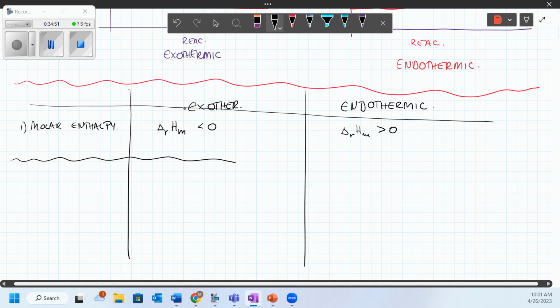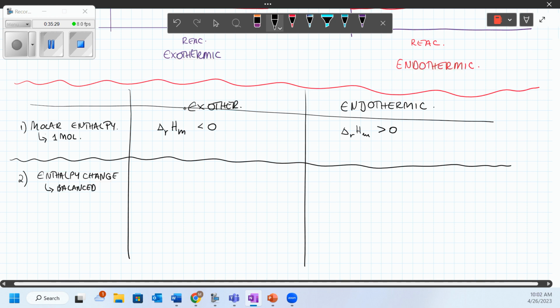Okay, the second way of communicating enthalpy is just with the enthalpy change of the whole reaction. Keep in mind, with this method, you must have the compound of your interest in 1 mole in the balanced reaction. Here you just have a balanced reaction.